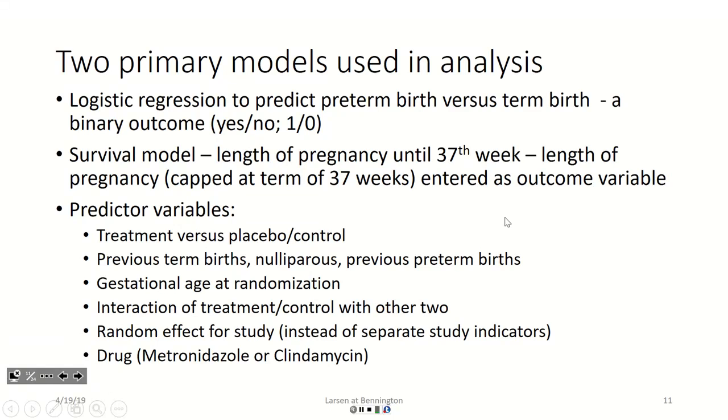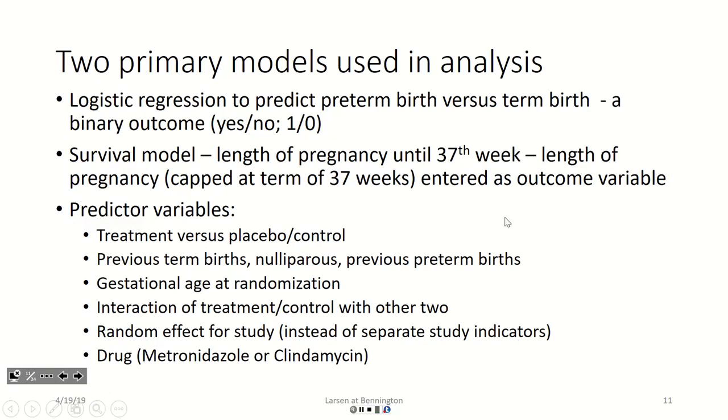The logistic regression was 0, 1. This one, we had length of pregnancy, but for this type of survival model, we don't really care if it goes to 38, 39, 40 weeks. So we actually capped the length of pregnancy at 37. If you don't do that, then the ones that are really long have more influence on the entire curve.